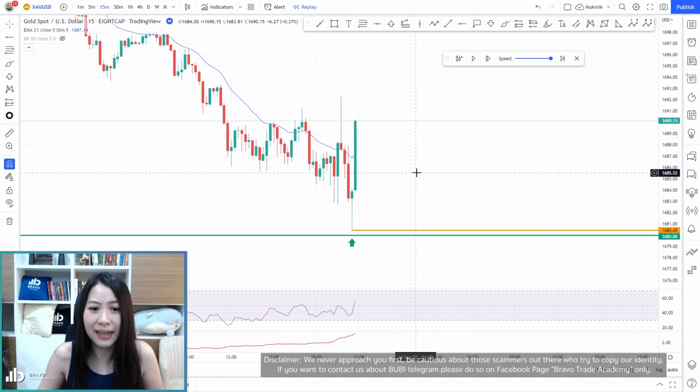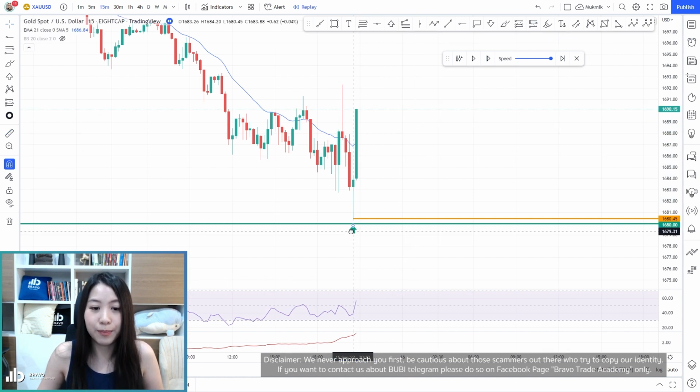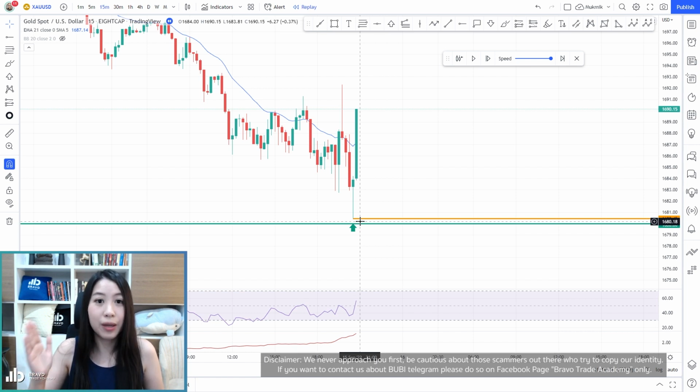Alright, however, if this behavior happened and you're still having this pending order at 1680, you need to delete it, because at this point it means that this plan has been used. Okay, so be careful.